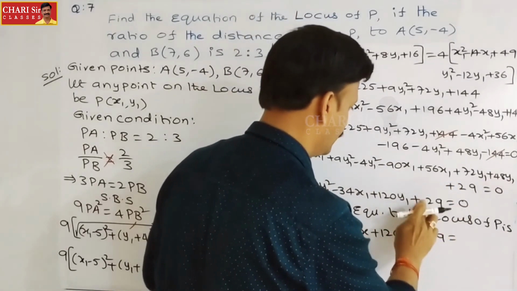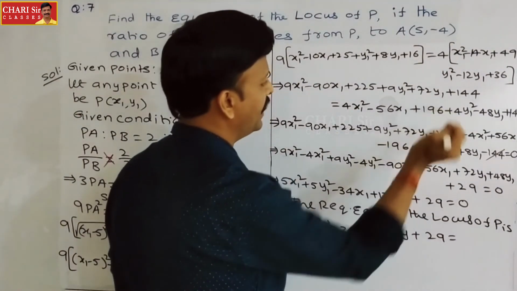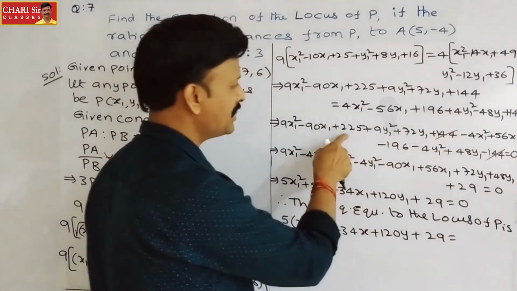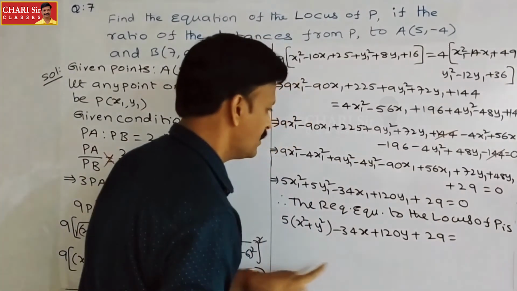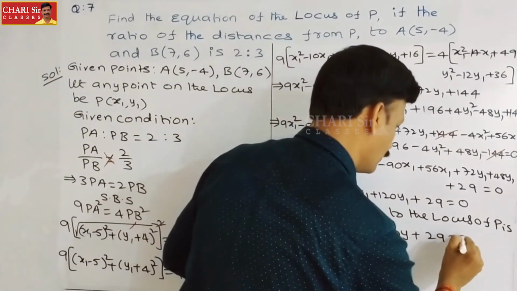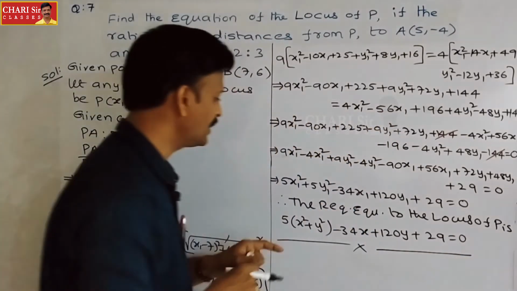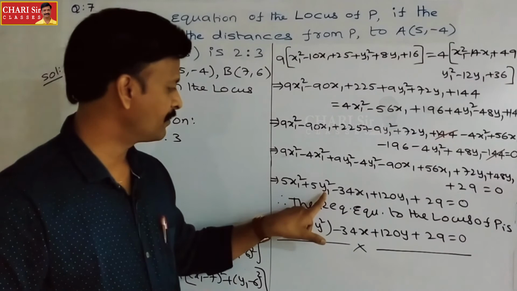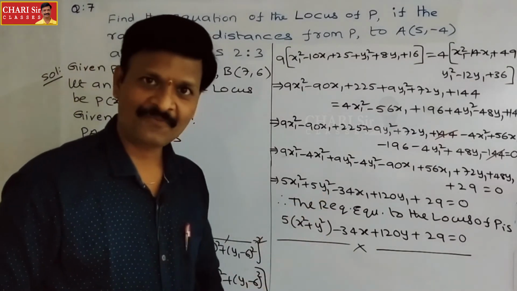Because here this is 196 minus 196 plus 225, and 225 minus 196 is just 29, not 129. So 29 is equal to 0. This is the final answer. In the final answer, we replace the x1 and y1 terms with x and y. This is the required equation of the locus of P.